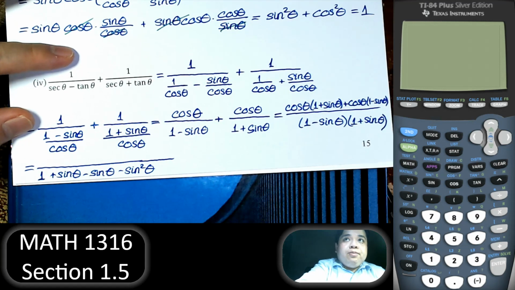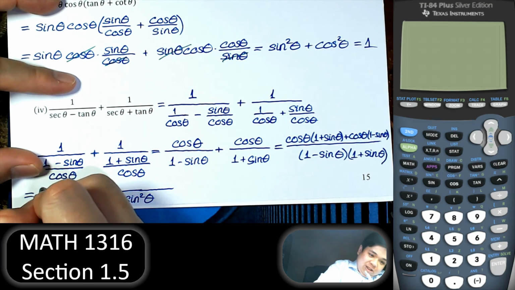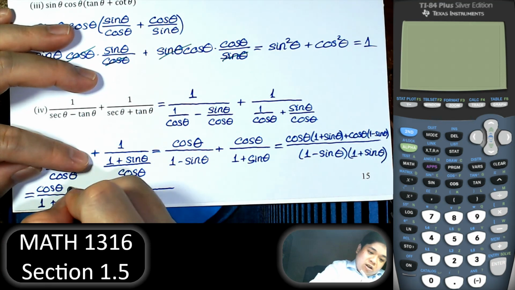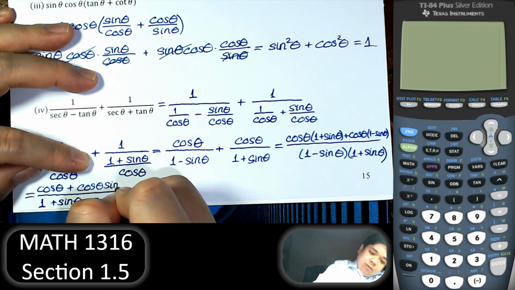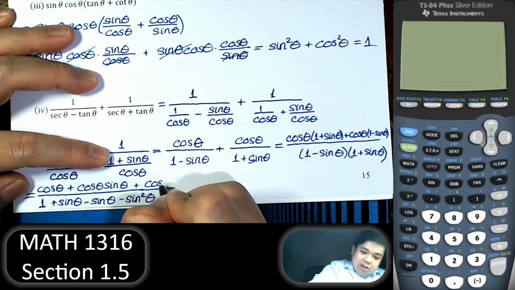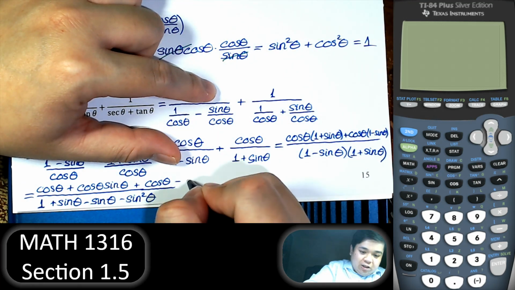The top, cosine times sine, cosine, minus cosine times sine.